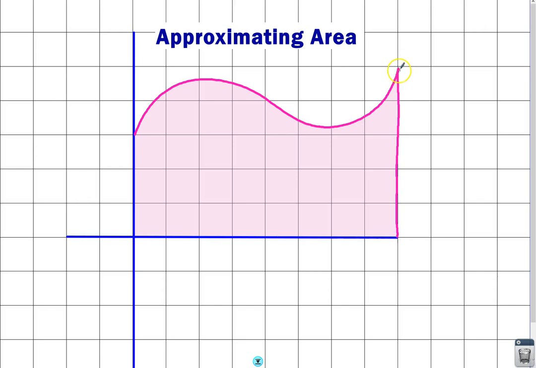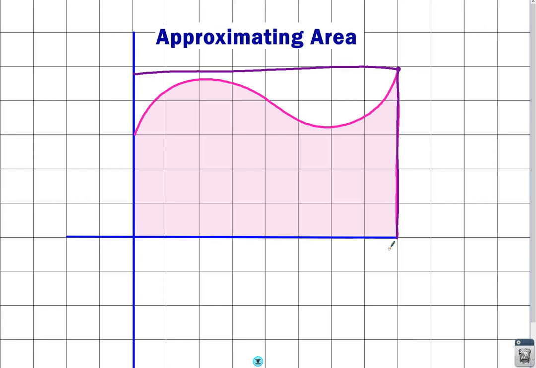That y value is going to be the height of your rectangle, and the width is whatever that x value is down here. Again, this is an approximation, so it's going to be pretty close, but not 100% accurate.